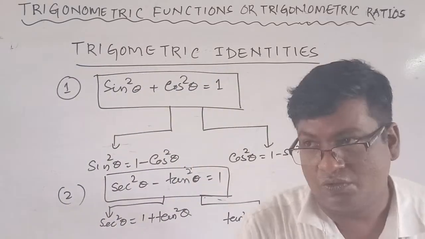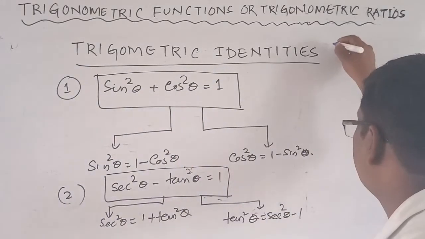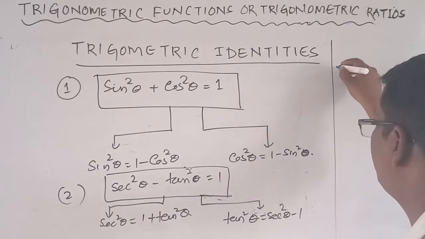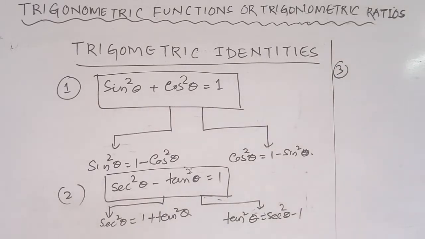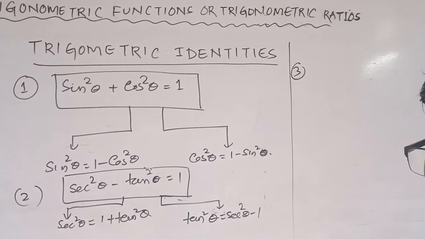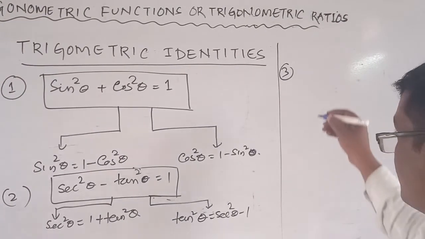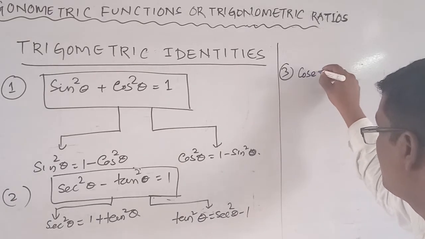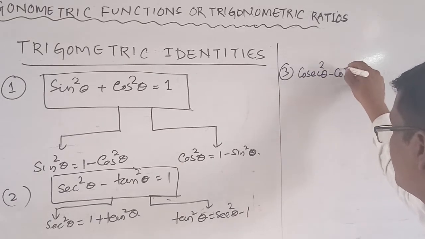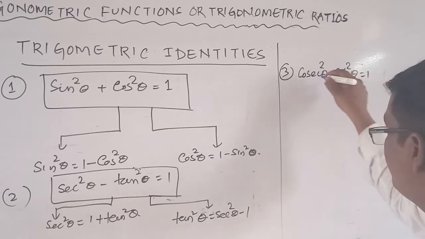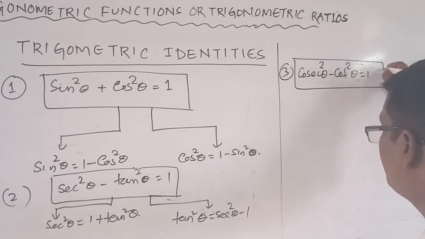Now the third one is cosec square theta minus cot square theta is equal to 1. This is the main formula.